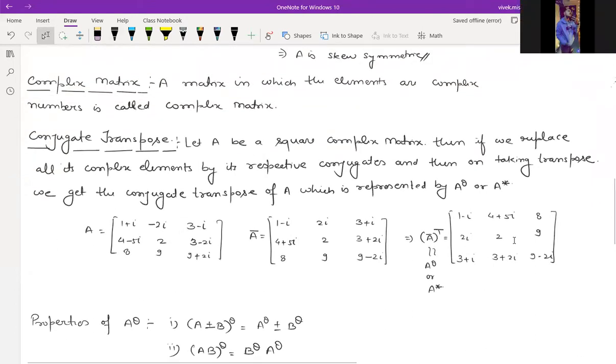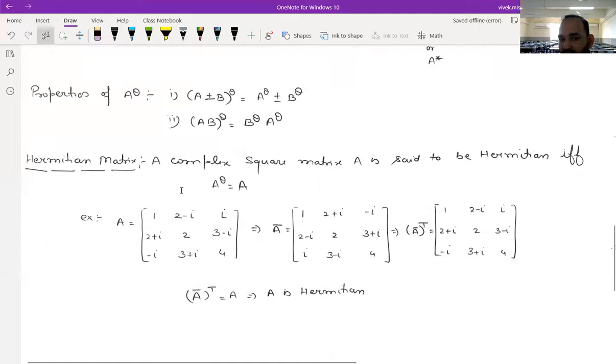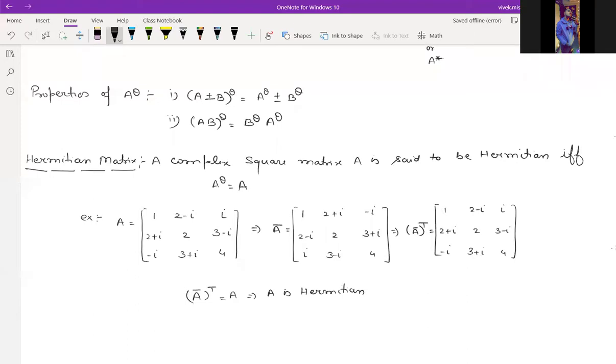Sir, conjugate transpose square matrix होना compulsory है? नहीं समझा मैं तुम्हारा डाउट. कॉन्जुगेट ट्रांसपोज तुम किसी का भी निकाल सकते हो. वहां स्क्वायर मैट्रिक्स जरूरी नहीं है, बट हर्मिशियन में वो जरूरी है कि कॉन्जुगेट ट्रांसपोज शुड बी सेम एज A. तो यहाँ पे स्क्वायर मैट्रिक्स होना चाहिए. आप किसी भी मैट्रिक्स का कॉन्जुगेट ट्रांसपोज निकाल सकते हो. Okay, sir. Thank you, sir.